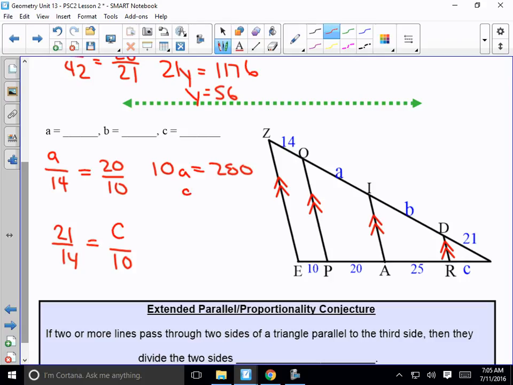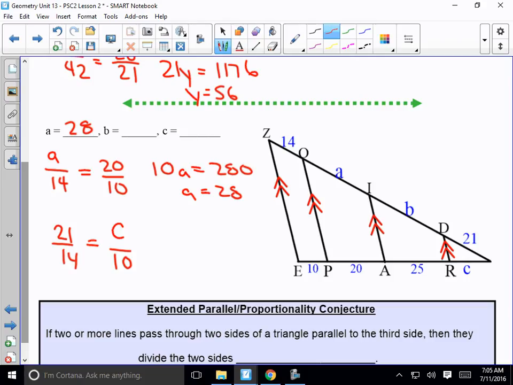And then we divide by 10, and a equals 28. Okay, numerically it makes sense. The 20 is bigger than the 10. The a has to be bigger than the 14. And we know that the 14 is bigger than the 10. Okay, so out of those four measurements, a has to be the biggest measure of them.